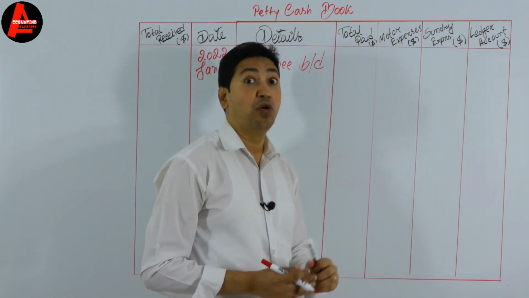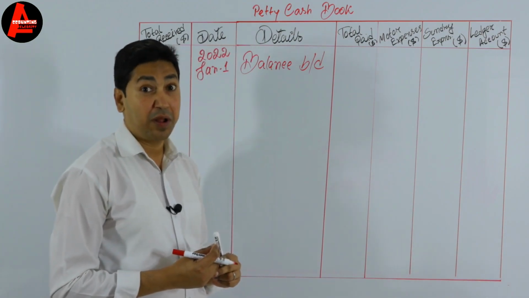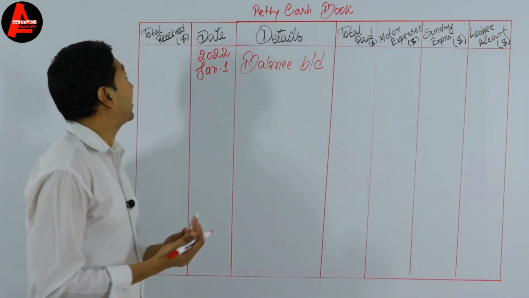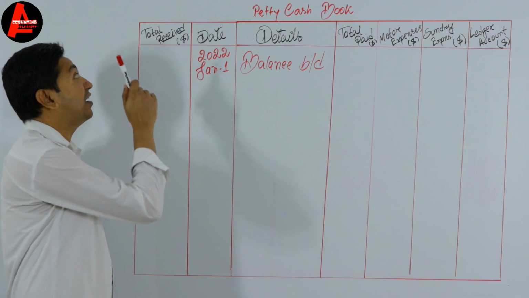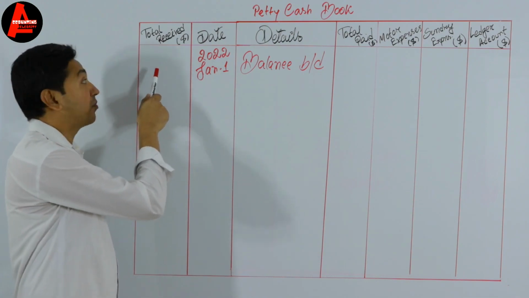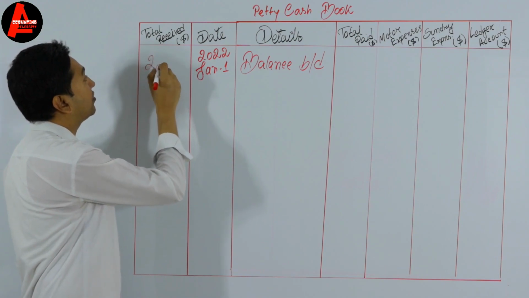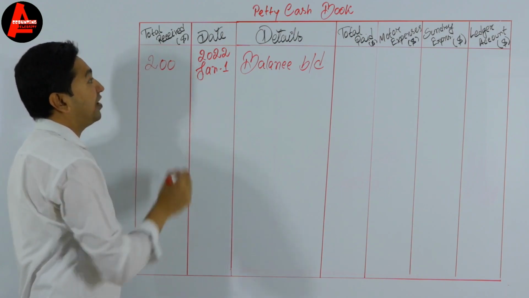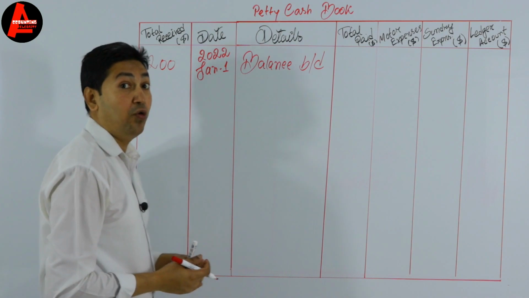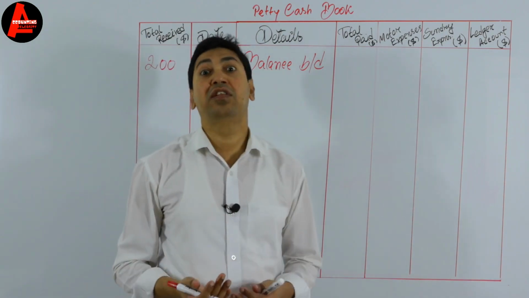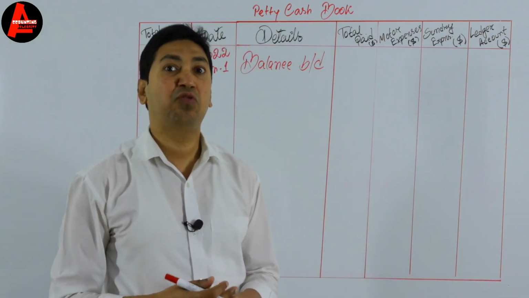She received this amount from the bank. That is the reason we will write it on the total receipt column. So let us write $200.